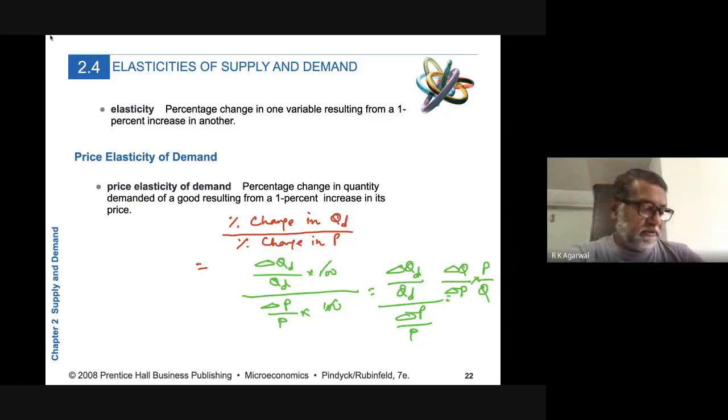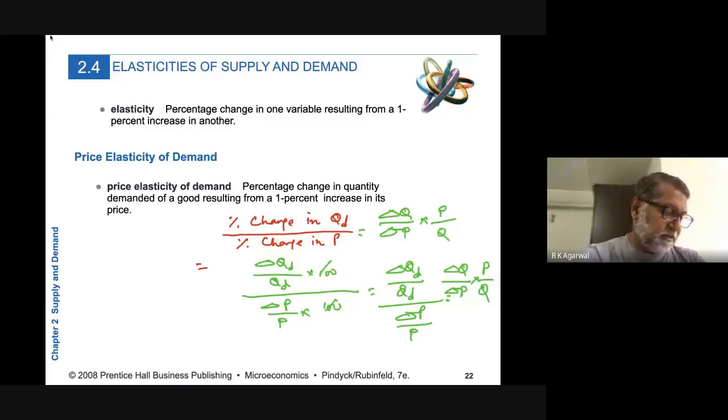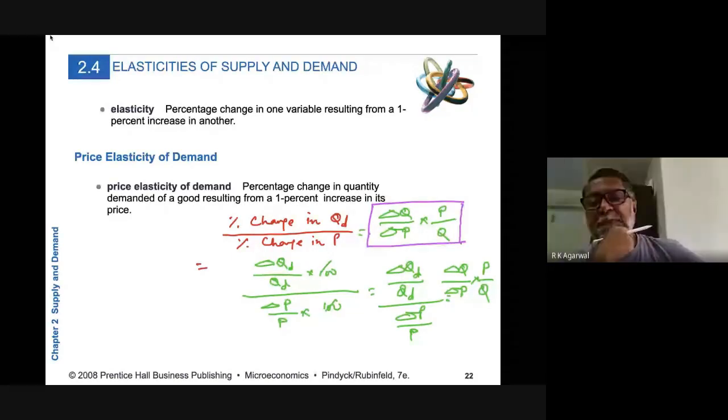So this is the formula. What is the formula? Delta Q by delta P into P by Q. I hope you will remember this. This is the formula to calculate elasticity of demand.